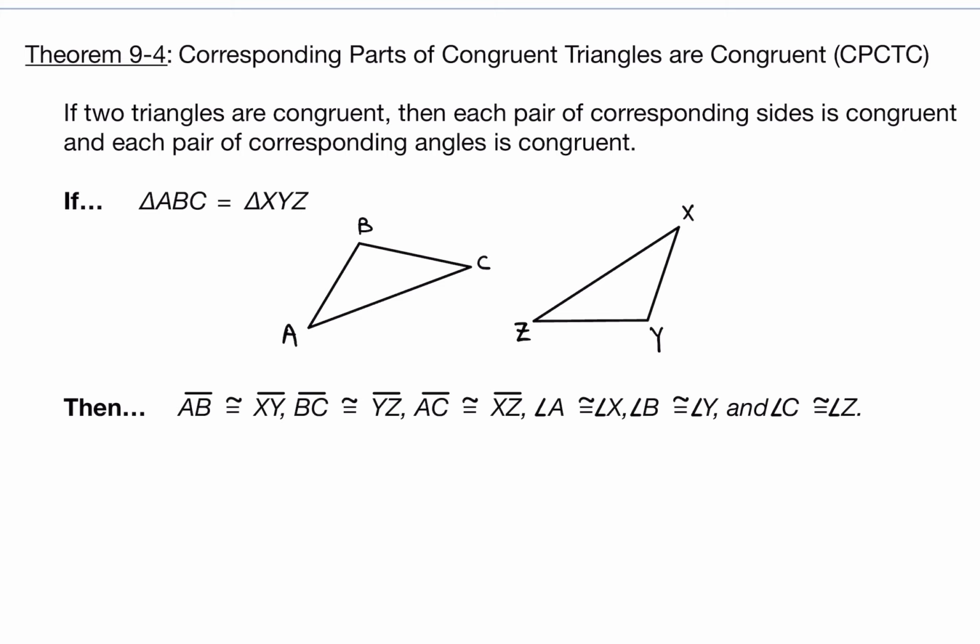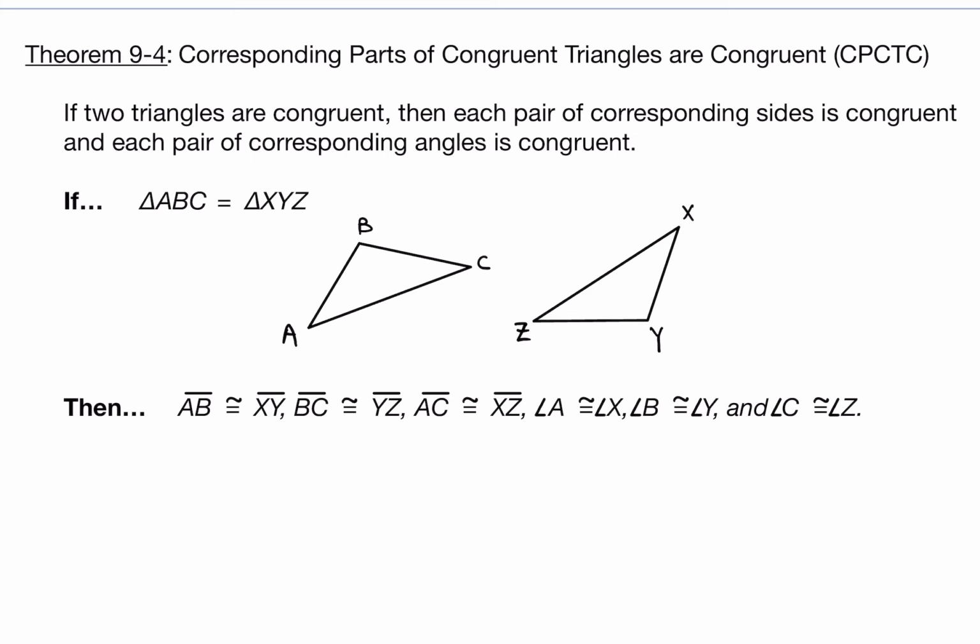Then we go to the next letter, angle B, and the second letter of the second triangle is angle Y, and those are also congruent. And then the third angle is angle C, the third letter in this triangle, and angle Z is also the third letter in the other triangle. We're told that those are also congruent. Angle C and angle Z are congruent.